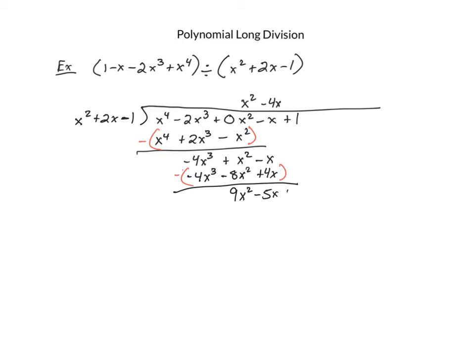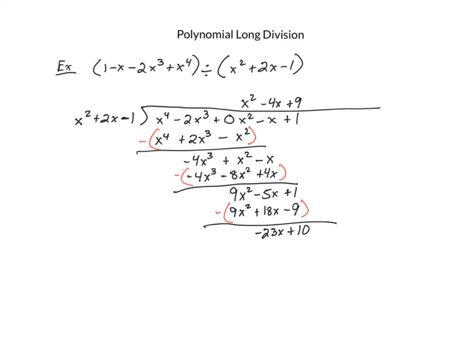Bring down our positive 1, and here we go again. What do we multiply by x squared to get 9x squared? That is a 9. So I put a plus 9 right here. Multiply, and we have 9x squared plus 18x minus 9. And we subtract. So our remainder is negative 23x plus 10.